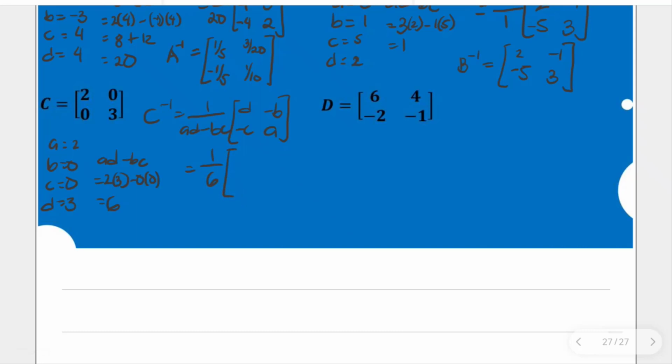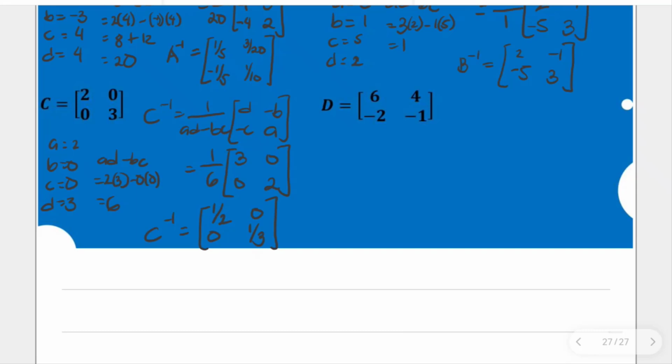D, earlier was 3, so this is a 3 here. 2, of course, there's no negative of 0, so it's still 0 here as well. So the inverse of C is equal to 3 over 6, or 1/2, 0, 0, 2 over 6, or 1/3. Right? D and A. That's correct.